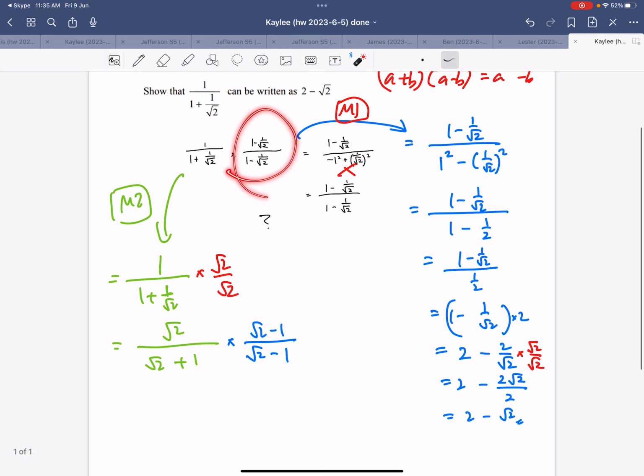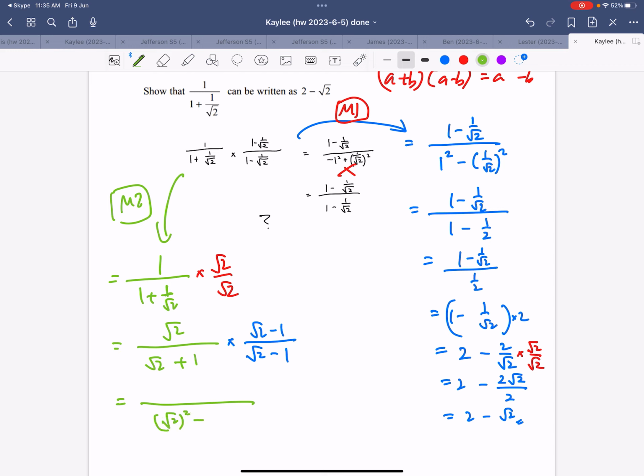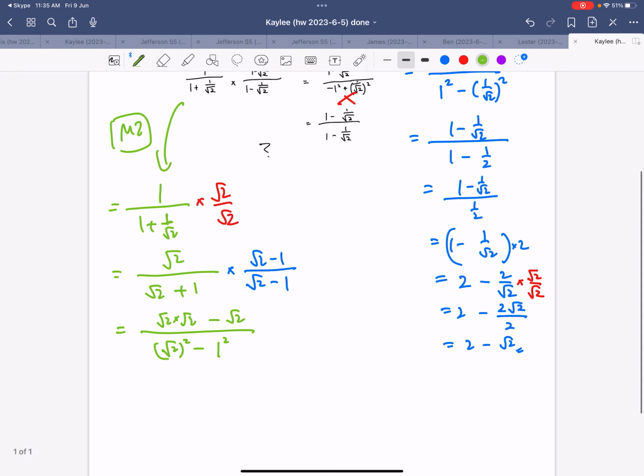It's similar to this step, and then a plus b times a minus b equals a square minus b square, and then in the numerator we can multiply root 2 times root 2 minus root 2 times 1, and then the denominator equals 2 minus 1, and in the numerator root 2 times root 2 is 2, and then 2 minus root 2. The denominator is 1, then the remaining is our answer.